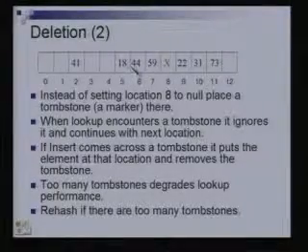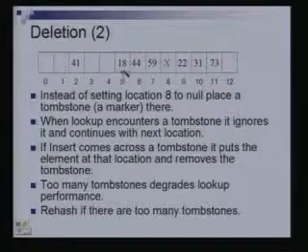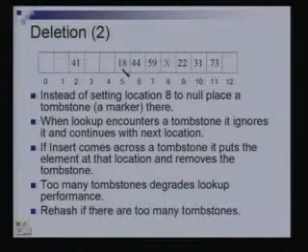Now how is this going to help us? When we are doing a lookup and we encounter a tombstone, we don't declare that the search has ended and it's not present. We continue. So as before, if I was searching for 31, I would come to location 31 mod 13, which is 5.